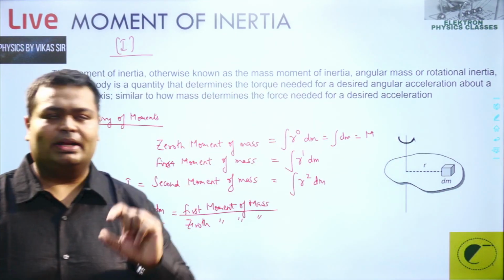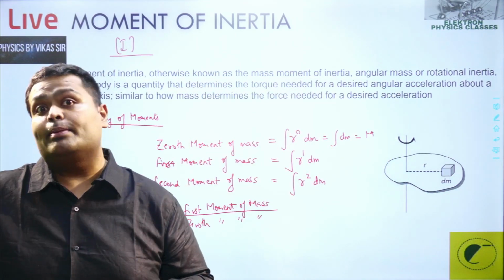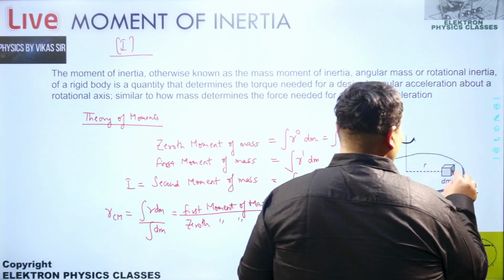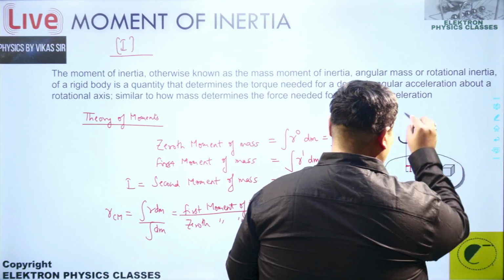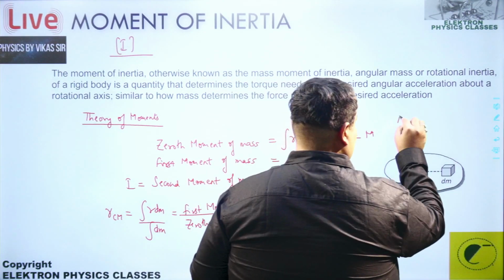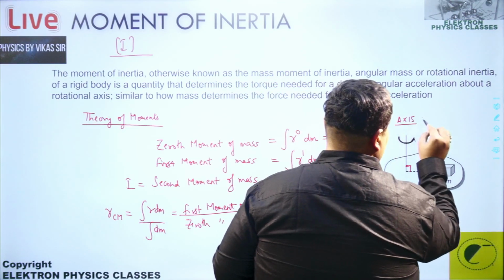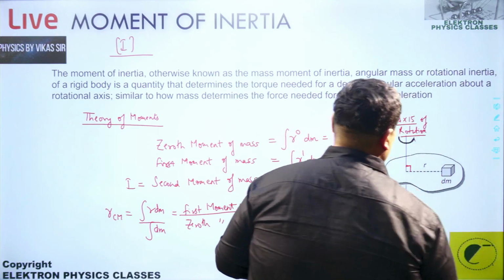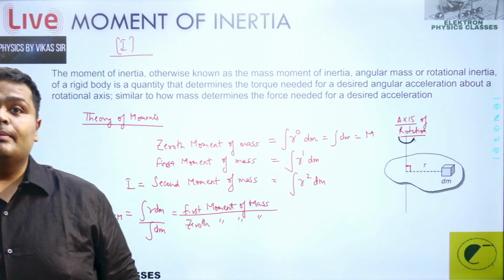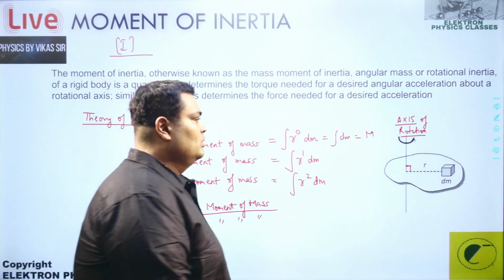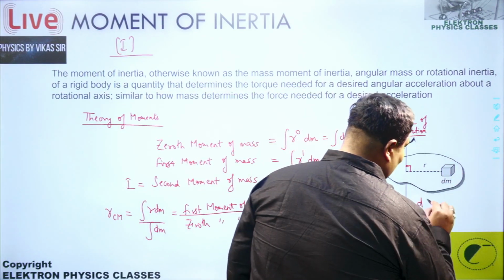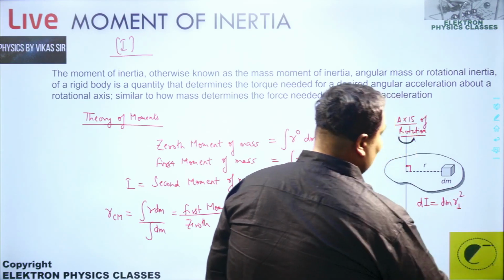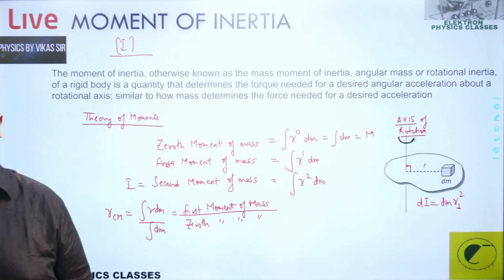We divide that rigid body into many identical particles, and then we select one of the particles, that dm, and the perpendicular distance of that particle from the axis of rotation is labeled as r. So the moment of inertia of this particle is written as dm into r square, where r is the perpendicular distance of that particle from the given axis.